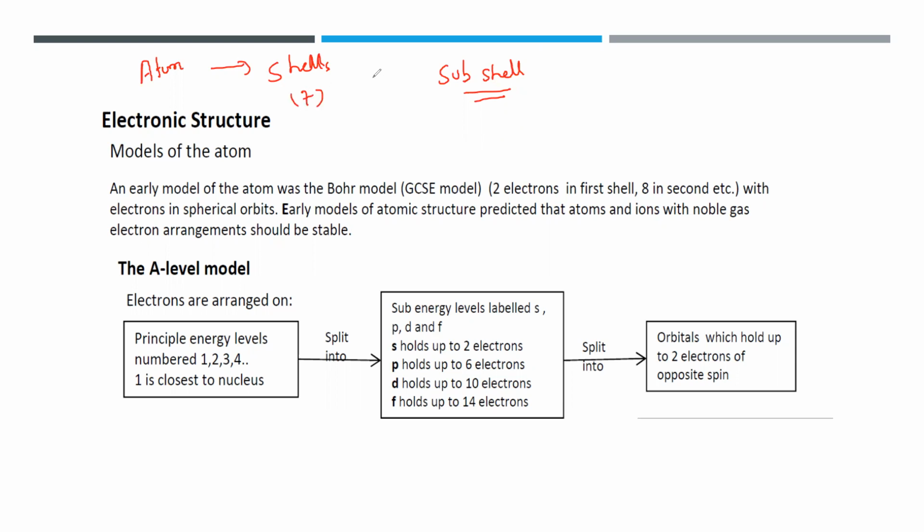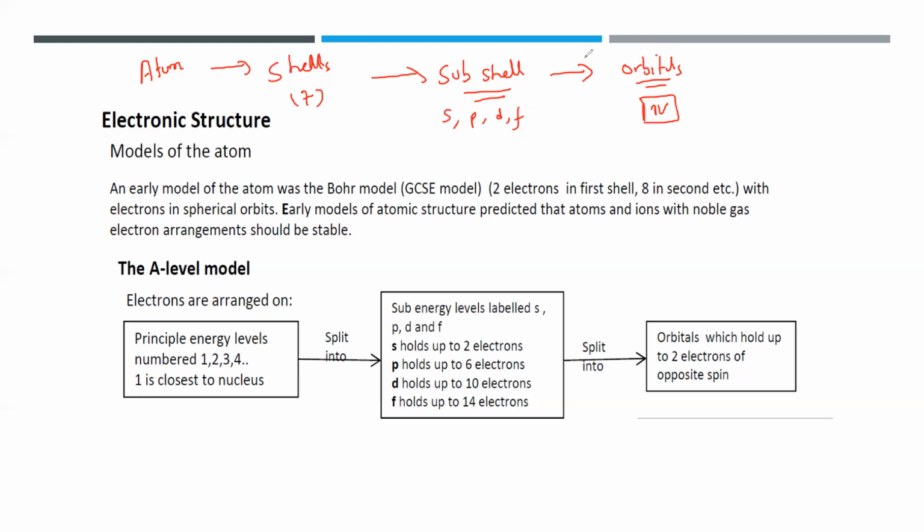Maximum it can have 7, and then these 7 shells are further divided into subshells which are known as S, P, D and F. And these subshells have orbitals. An orbital means something which can have a maximum of only 2 electrons in opposite spin.